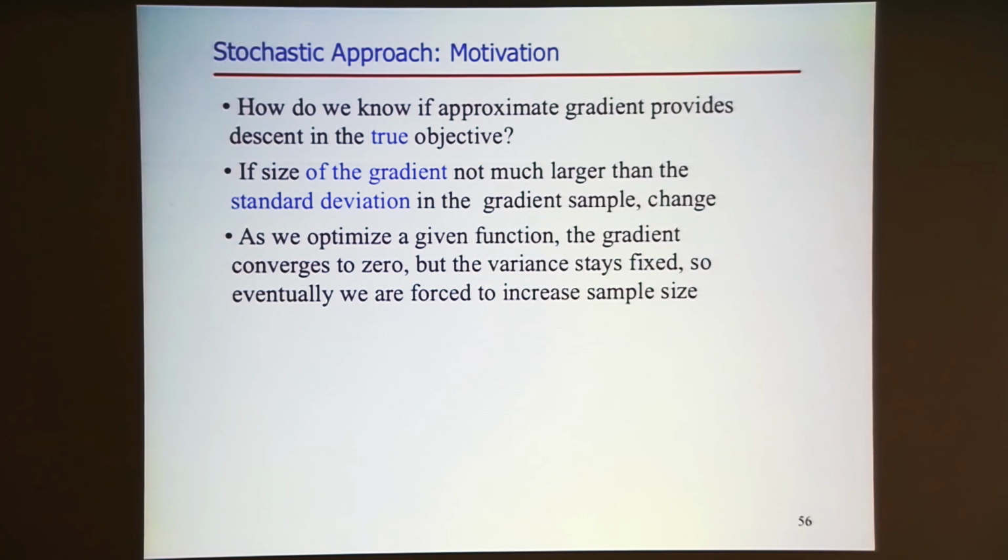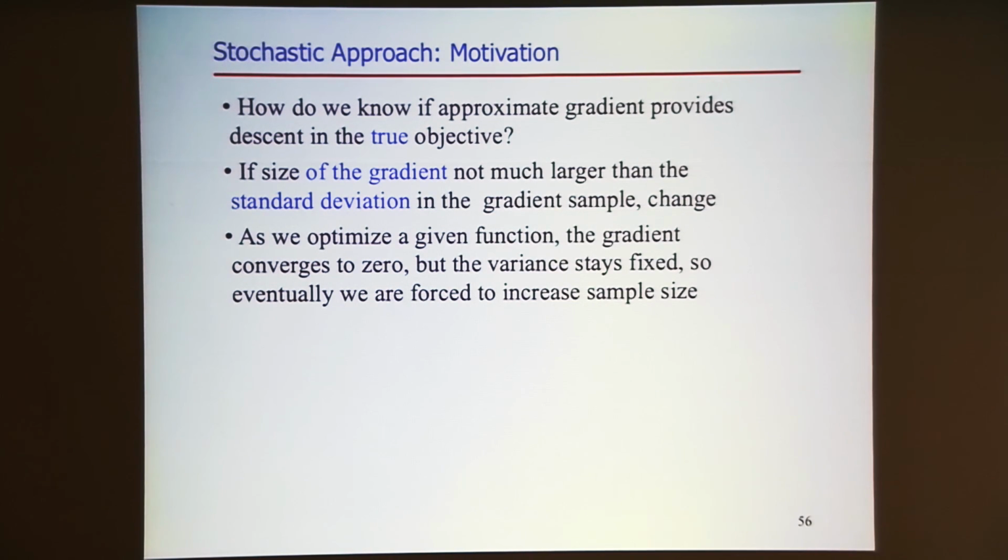And why is it reasonable to think this way? Because as we optimize a function, the gradient will converge to 0. But the sample standard deviation of its components will not go to 0. So I have the true objective function that I want to minimize. And instead of that, I work on another objective function, a stochastic approximation to that. I decrease that objective function.